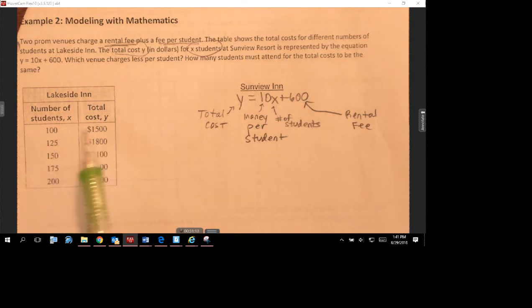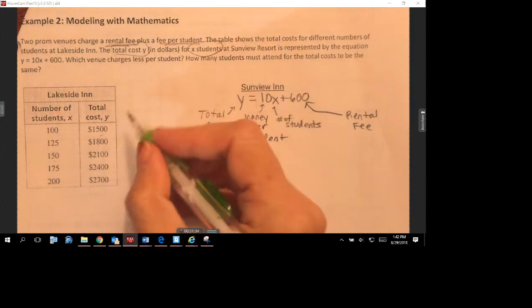Over here, could you look at this and immediately be able to tell me the money per student or the rental fee by looking at this? These are more like ordered pairs. For 100, it costs $1,500. For 125, it costs $1,800. For 150, it costs $2,100.